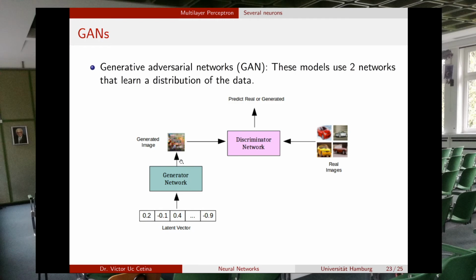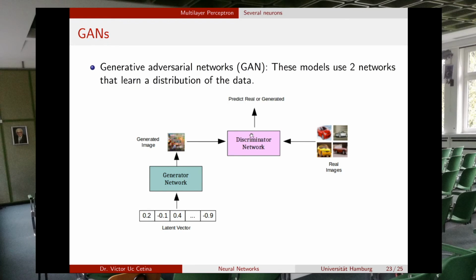So the generator will start creating images, for example, to try to fool the discriminator into believing that it is a car. The function of the discriminator is to learn to discover when the generator is creating an artificial image and when it is evaluating a real image.